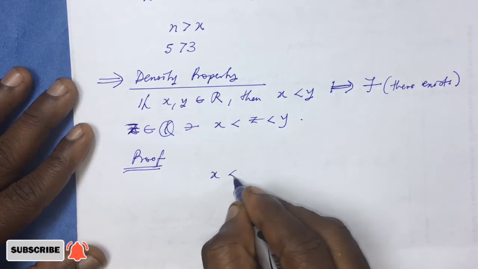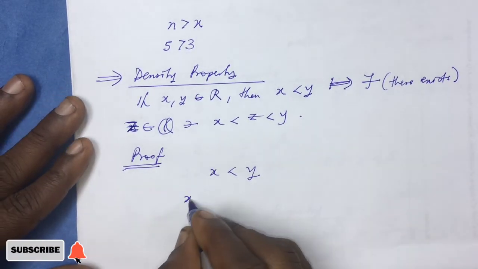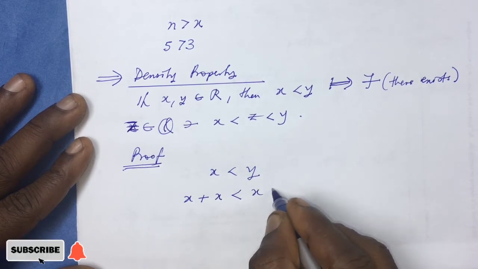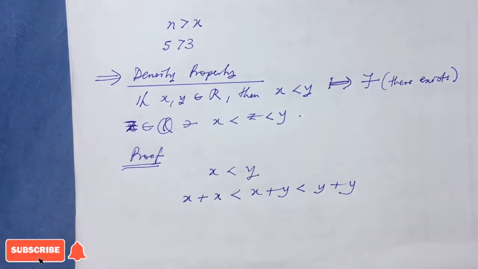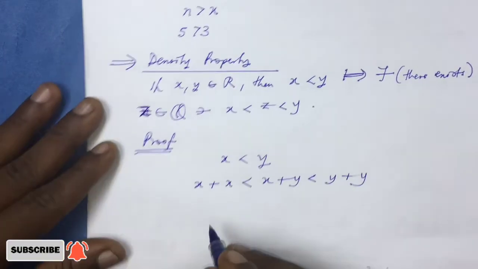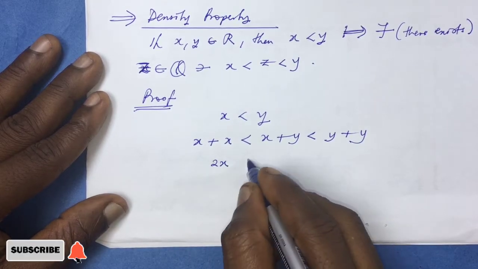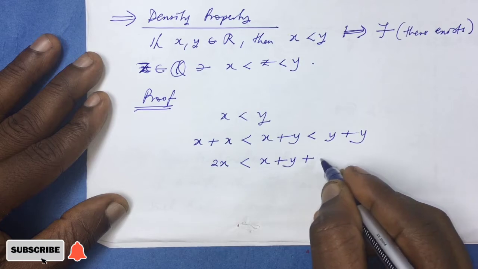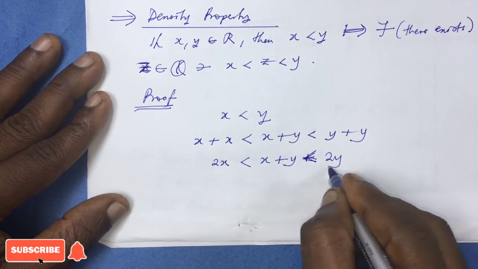Clearly, if you want to prove this property, then note that if x is less than y, then x plus itself is surely less than x plus y, and is surely less than y plus itself. That means that x plus x, which gives you 2x, will be less than x plus y, which in turn will be less than y plus itself, which gives you 2y.